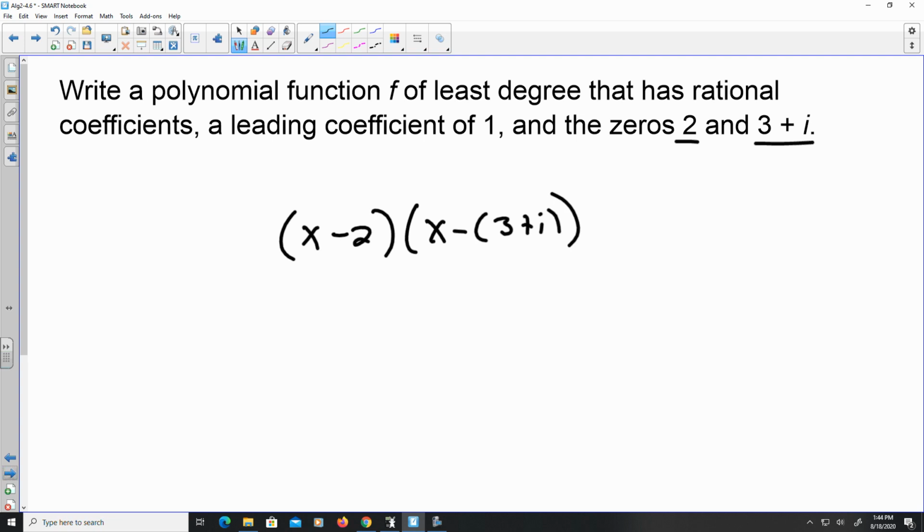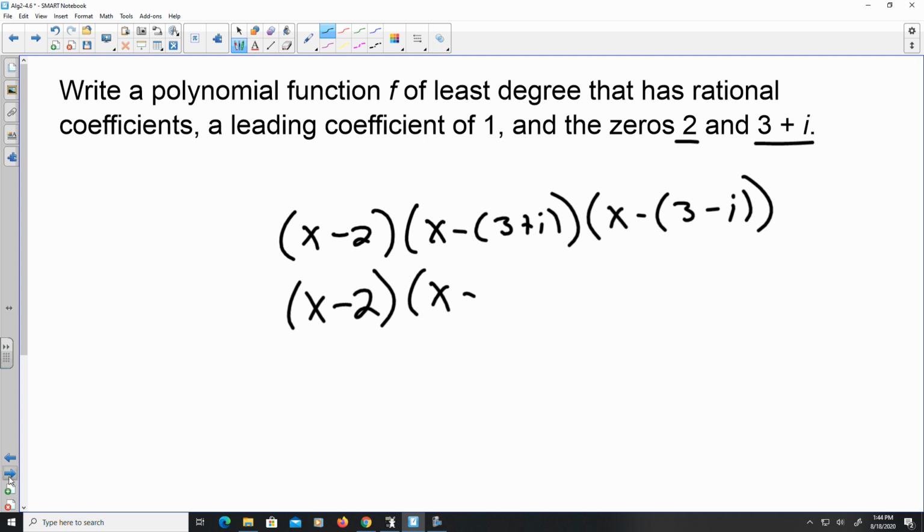And then you're going to multiply it by x minus, in parentheses, 3 minus i. So from here, I'm going to basically distribute the negative. So this x minus 2 just kind of comes down. This becomes x minus 3 minus i, and this becomes x minus 3 plus i.